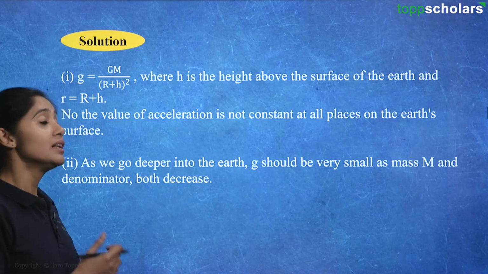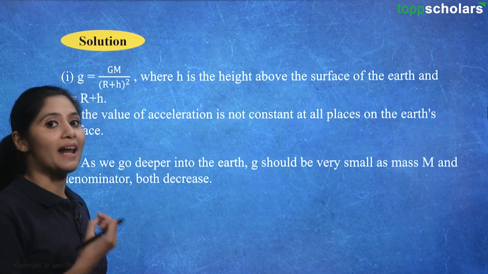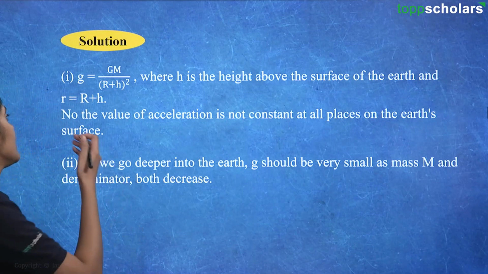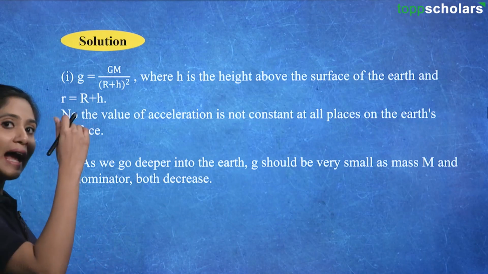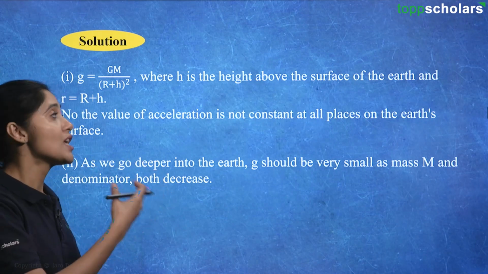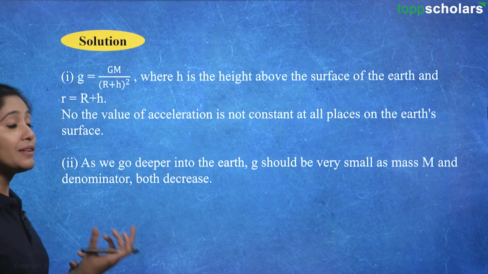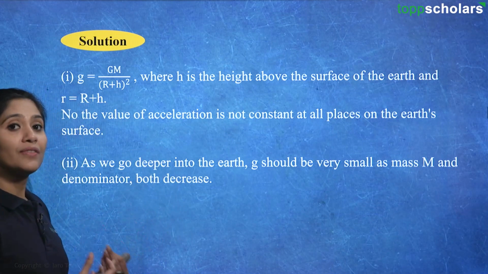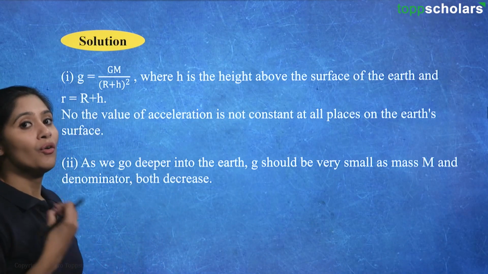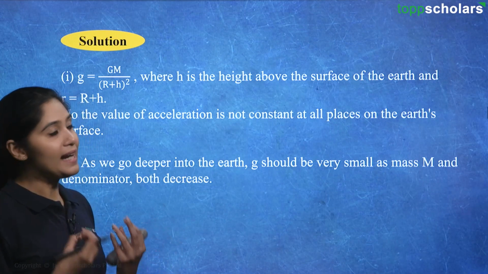So the resultant acceleration due to gravity would depend on R, the radius of the earth, plus the height at which the object is placed. So we can then prove that at different heights h, we will have different values for the gravitational acceleration acting on that object.